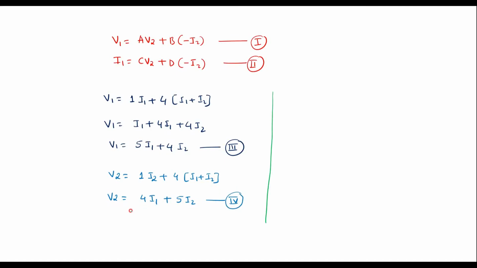Now from equation 4 I can write 4 I1 is equal to V2 minus 5 I2, or I1 is equal to (V2 minus 5 I2) divided by 4.